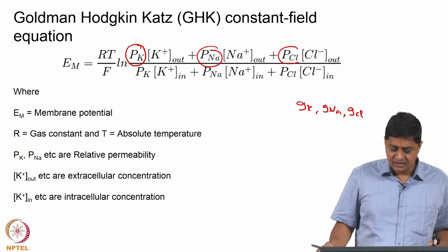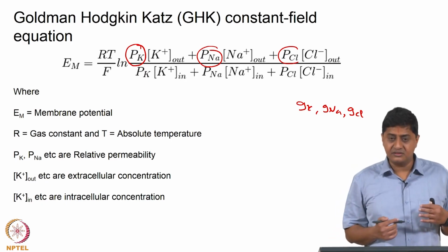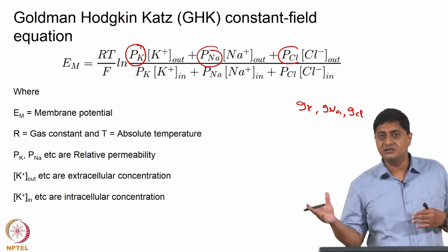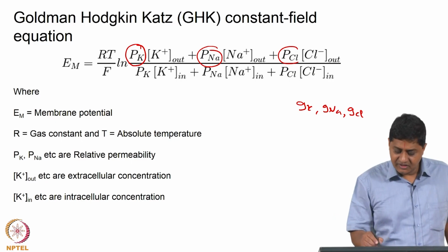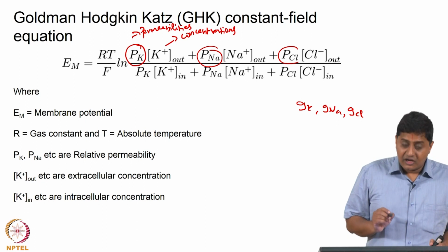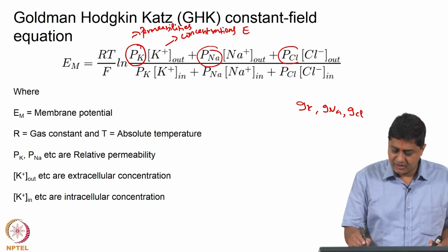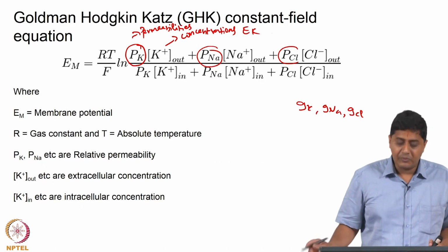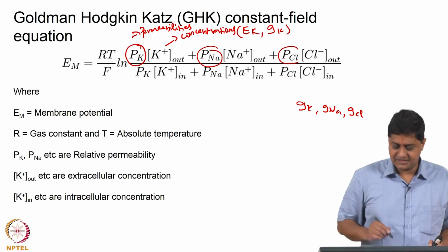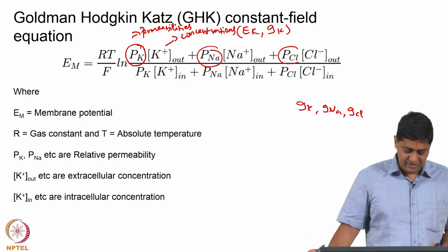Instead of weighting the conductance as a function of total conductance and multiplying it by the Nernst potential, here concentrations and permeabilities are used instead of the equilibrium potentials and the conductances. Instead of EKs and GKs we use concentrations and permeabilities.